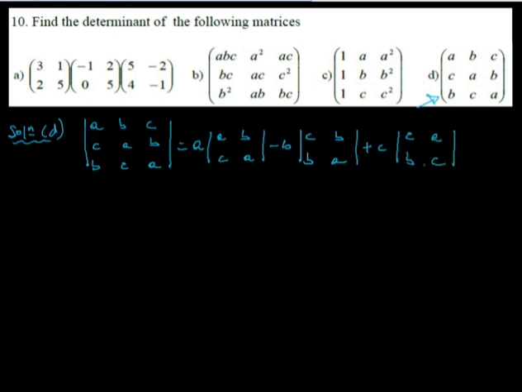Multiplying, a into this determinant is a square minus bc, minus b into ca minus b square, plus c into c square minus ab.